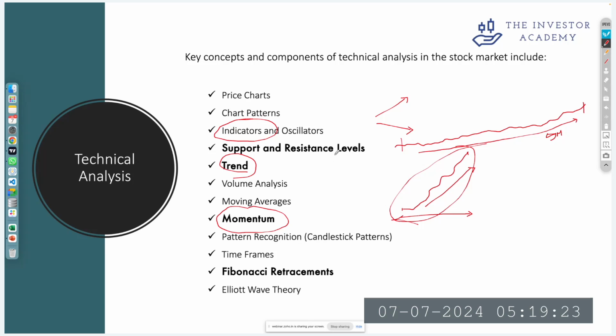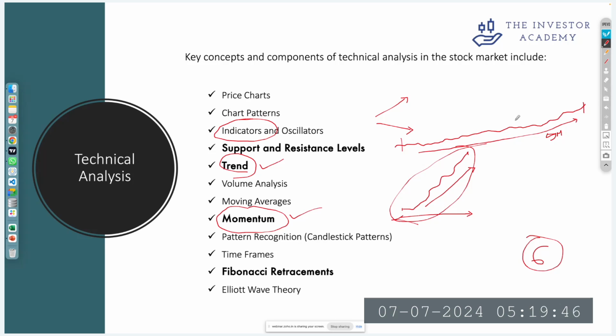We'll be using a few indicators, exactly 6 indicators that I will give you today in my trading setup, which will help you identify both the trend of the market and the momentum. So you will get a better idea of the market movement.